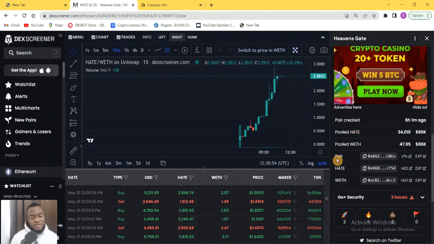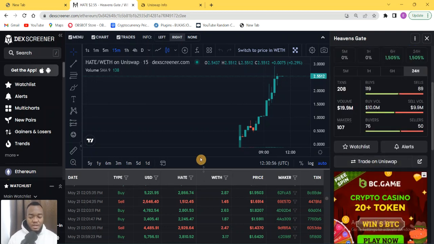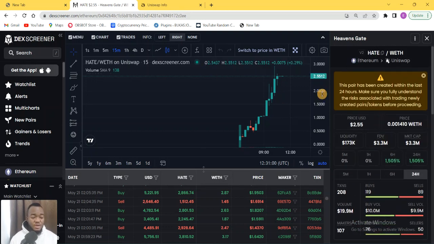You can just copy it, and from there make your on-chain analysis, because this is currently on-chain analysis. Then you can see the liquidity.